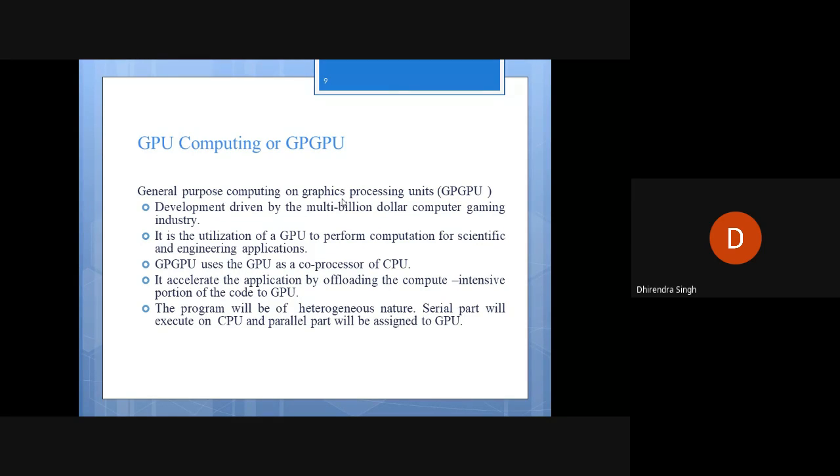Initially we were using these graphics cards just for graphics purposes, and people were using them for gaming. But around 2003, 2004, people started thinking about how they could use the multiple processors inside the GPU for general purpose computing, meaning other than graphics operations. How can we use it for sorting, searching, graph processing, and normal image processing?